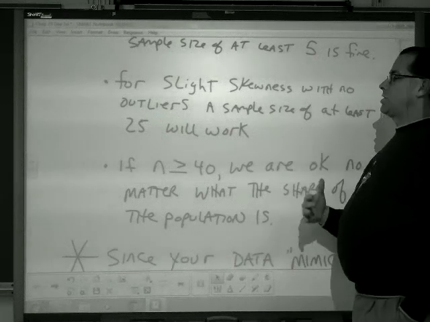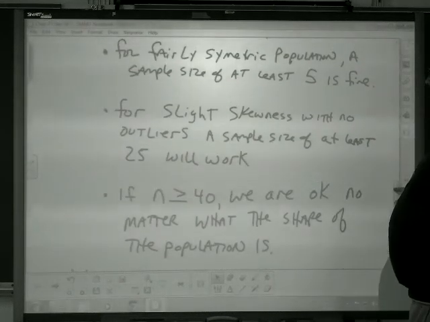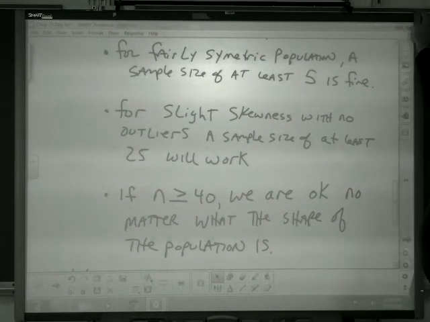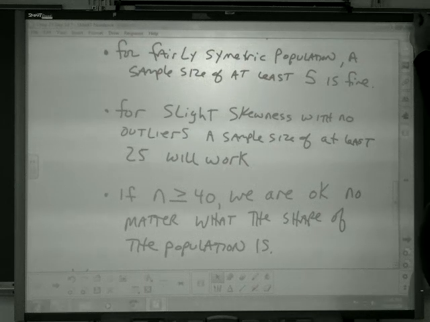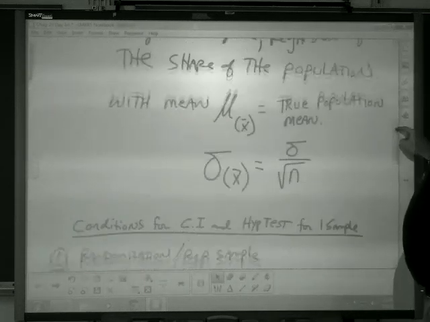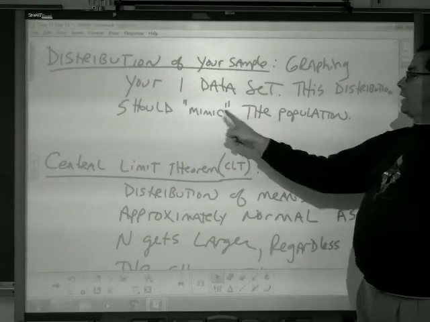So you kind of got to ask yourself, what does the population look like? And according to that, how big of a sample do I need? Now, when we started this, you didn't know what the shape of the population looked like. But if I were to make you graph your pennies, we know that the distribution of your sample should mimic the population.